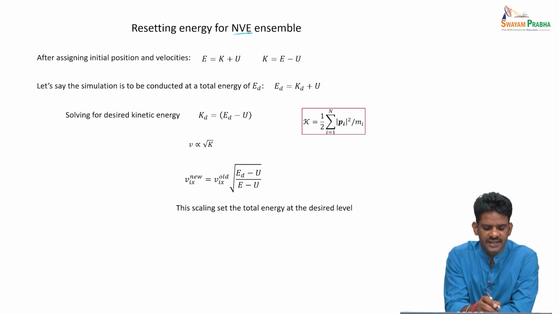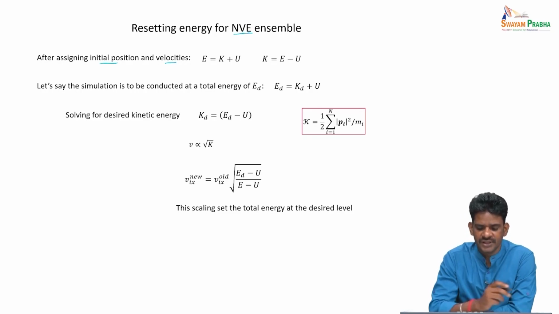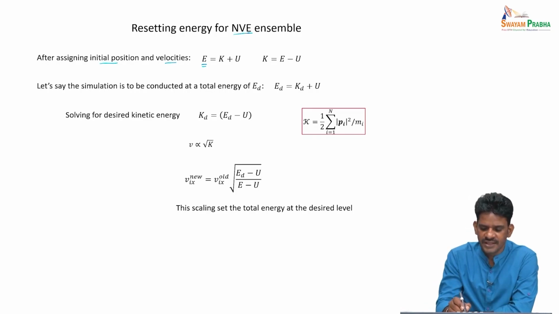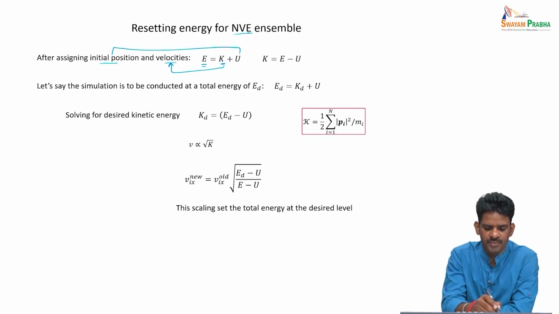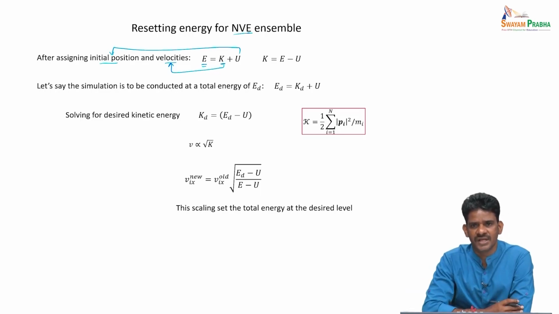We have already talked about initializing the positions and initializing the velocities. Once we have done this, we have also ensured that the initial energy is kept constant, because the kinetic energy is related to the initial velocities, and the potential energy depends on the initial positions. So, once we have set the initial positions and initial velocities, we have essentially set the system's energy too.